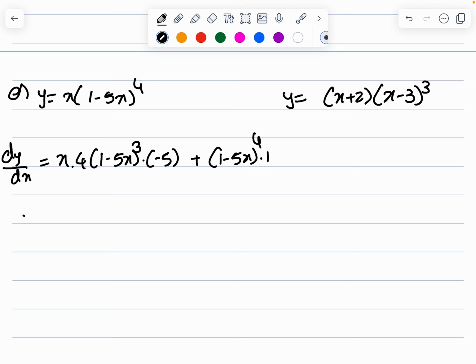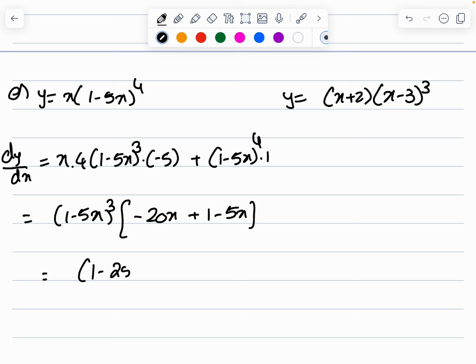So what can I take common? I can take (1 minus 5x) whole to the power of 3 common. So I'll be left over with negative 20x and one more 1 minus 5x. So my final answer will be (1 minus 25x) times (1 minus 5x) whole cube.